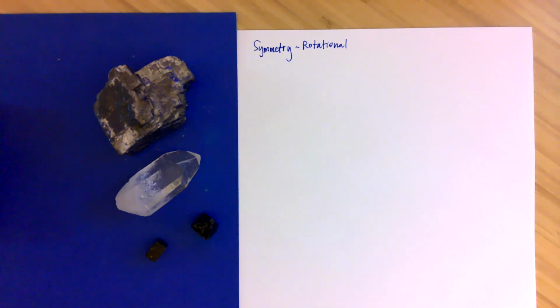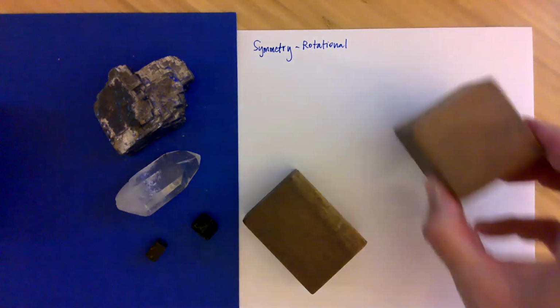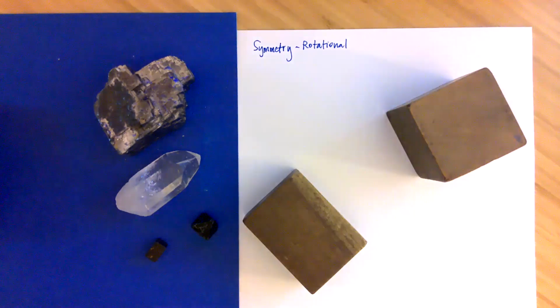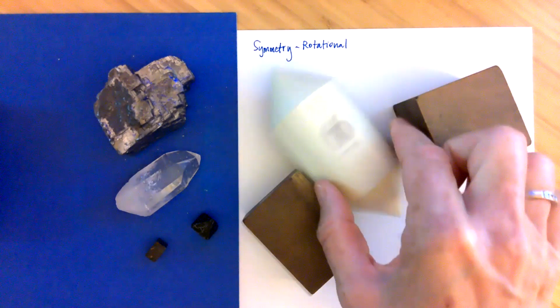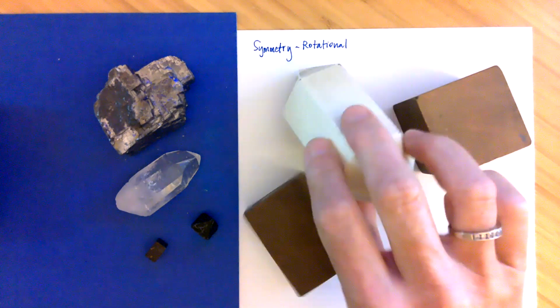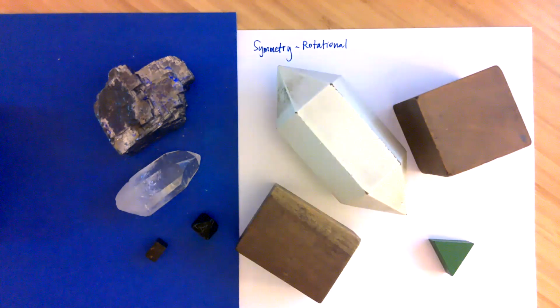Okay, so if we want to look at rotational symmetry, then what we can do is use some models that have nice symmetry, not necessarily the symmetry of something that was grown in nature, but something that represents that. So it's like the perfect version of what would grow in nature.